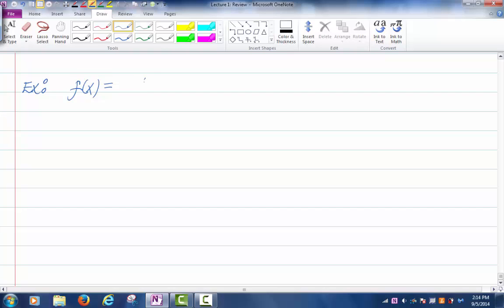The function is given by the formula 1 minus x if x is less than or equal to negative 1, and it is given by the formula x squared if x is larger than negative 1.